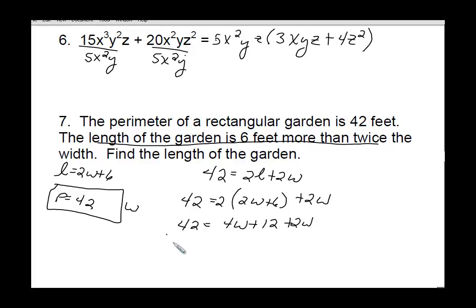Subtract your 12, so you'll have 30 is equal to 6W, and then W is equal to 5, but that doesn't answer the question. We want the length, so to find the length you have 2 times 5 plus 6, or 16 feet, and that answers the question of the problem.